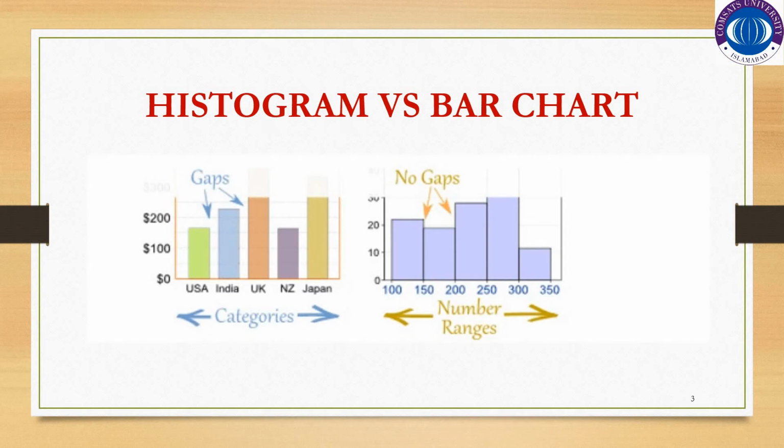So the full bar represents the whole country. There is no starting and end point. The only point to be remembered in making a bar chart is that the width of the bars should be of the same size.